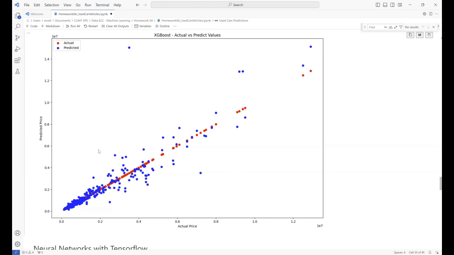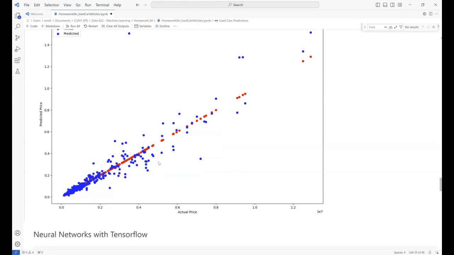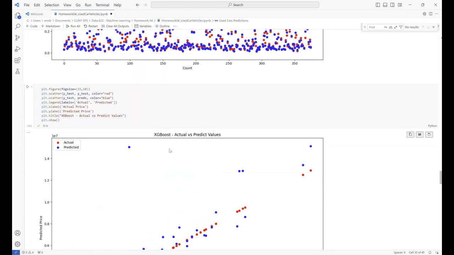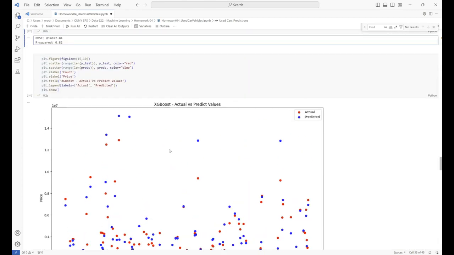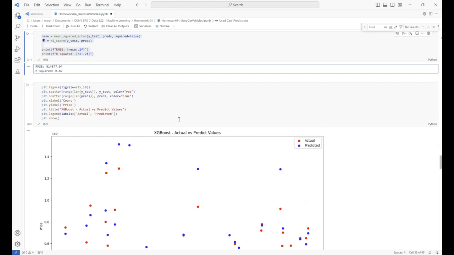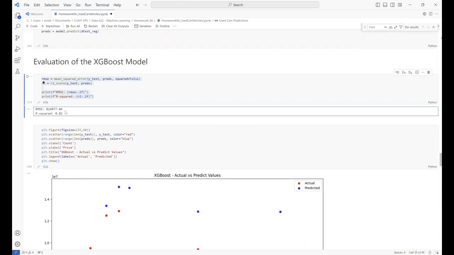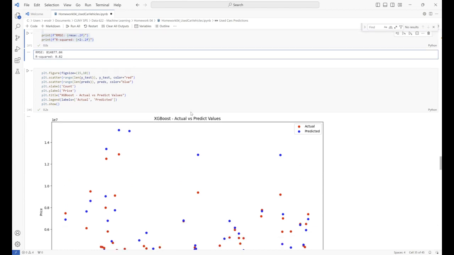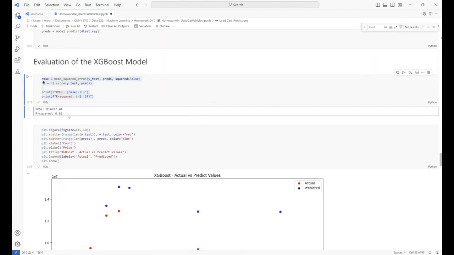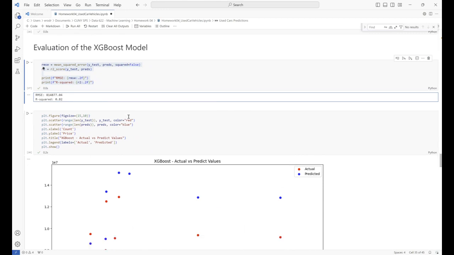And what's nice about this plot is that it shows whether the predicted values were either higher or lower than the actual values. So overall, I probably could have done some additional hyperparameter tuning on the XGBoost model, but for this initial model, we got a decent model at 0.82. Definitely room for improvement there.